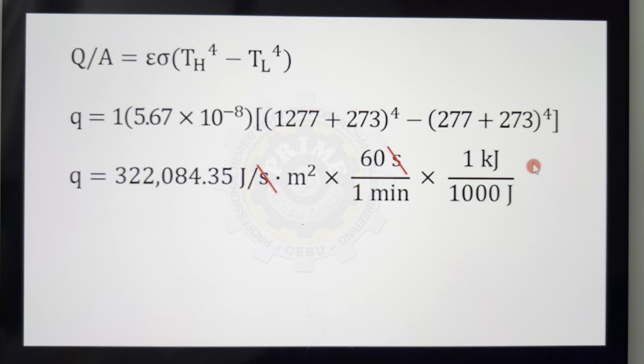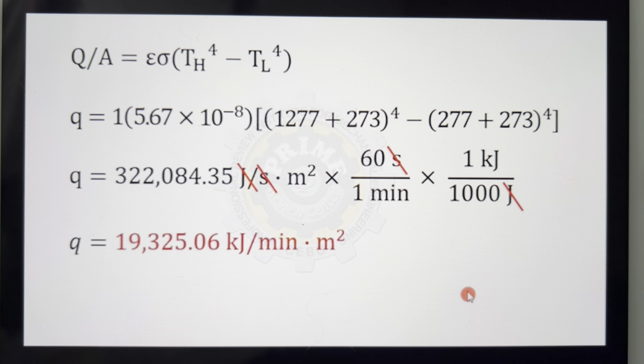So 1 kilojoule is equivalent to 1,000 joules. So cancel out yung unit na joule, therefore yung matitirang unit will be kilojoule per minute per square meter. So therefore yung final answer natin should be 19,325.06 kilojoule per minute per square meter.